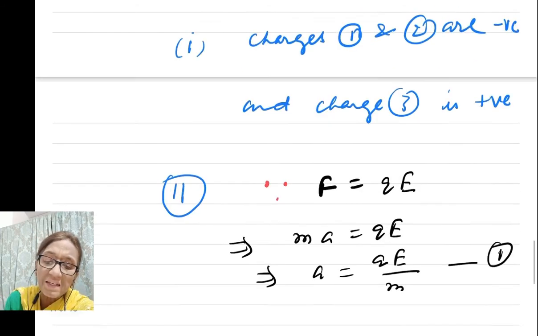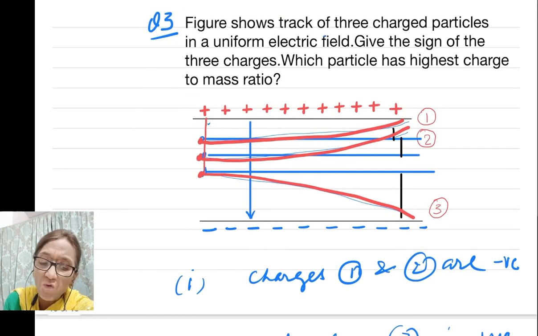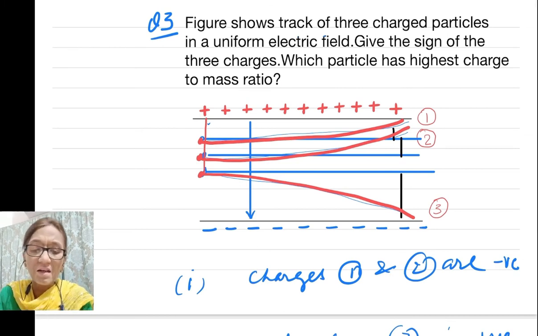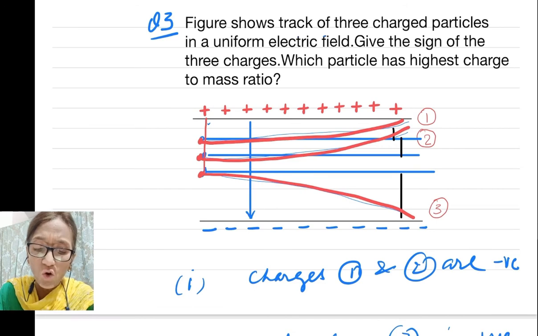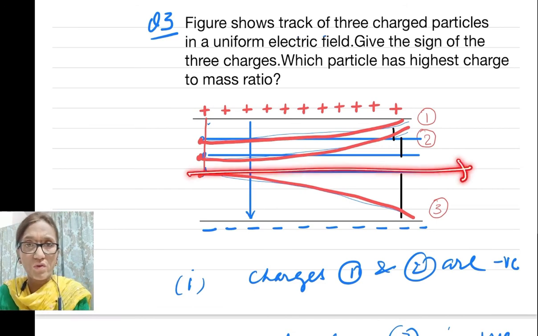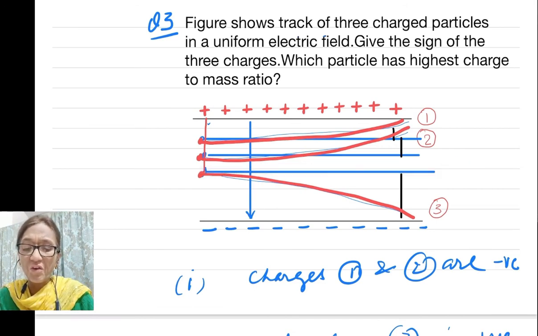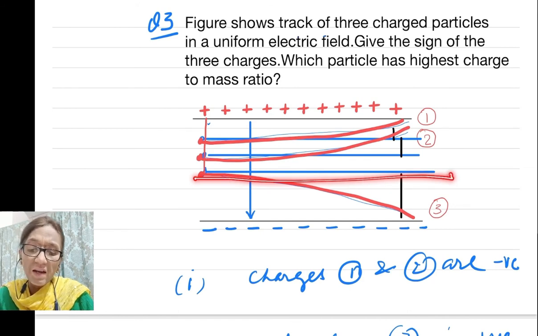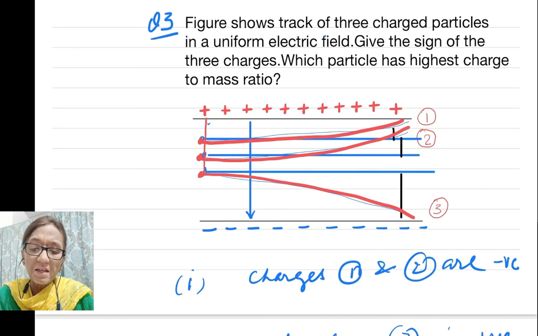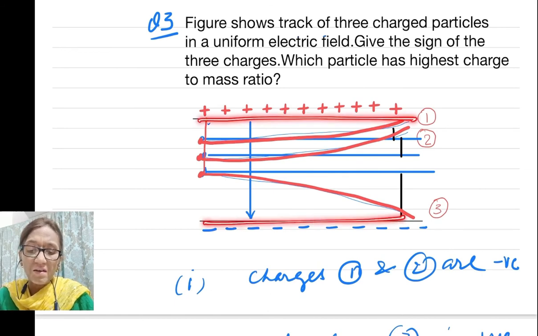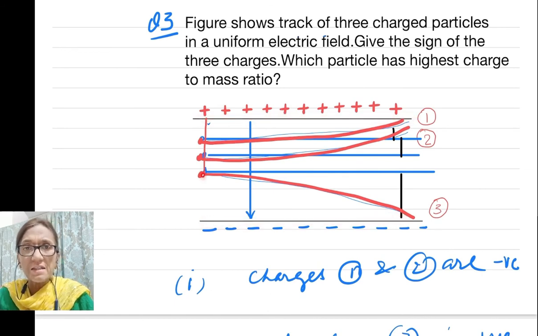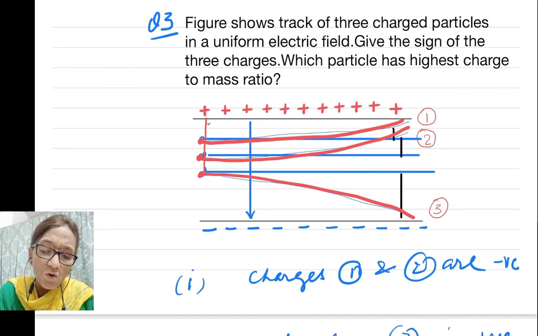Now as there is no force acting in the horizontal direction, the charge will be moving uniformly. But when the charge enters the region of this electric field, then the charge is acted upon by the electric field, which is directed along the downward direction.